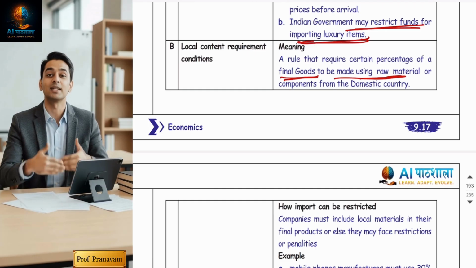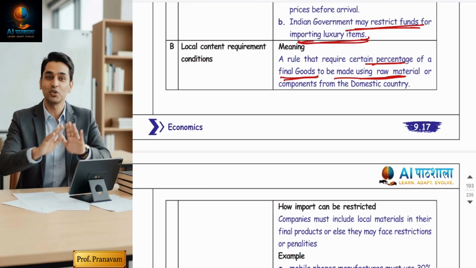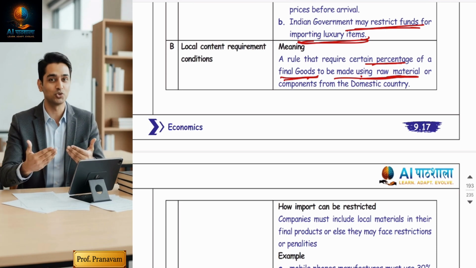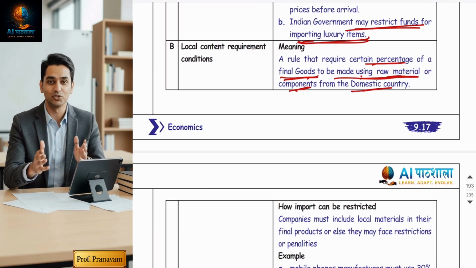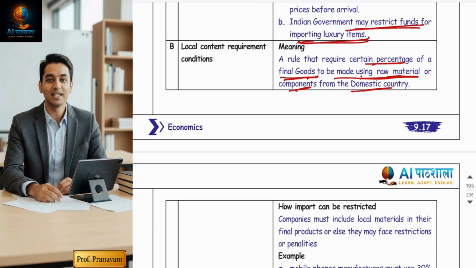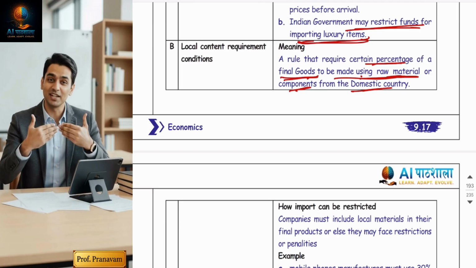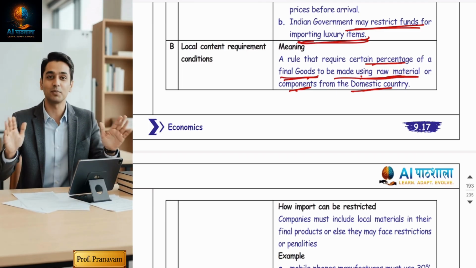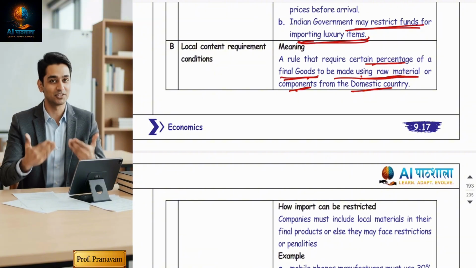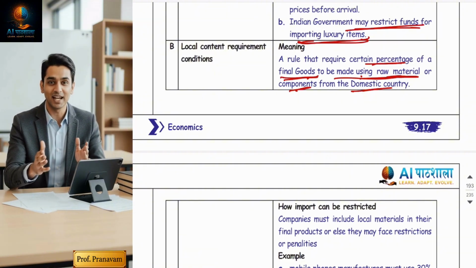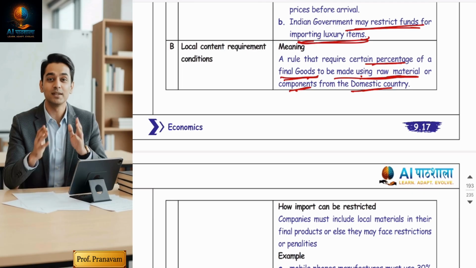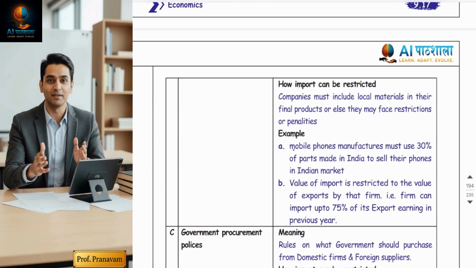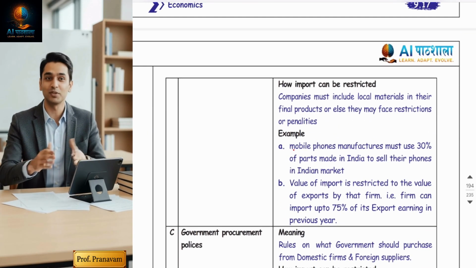A rule that requires a certain percentage of a final good to be made using raw material components from the domestic country. It means the government will make a rule that if you are importing some products, some parts or some raw material should be of indigenous, Indian domestic product. How will import be restricted through this, guys?